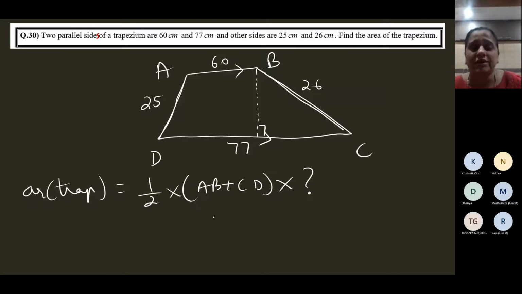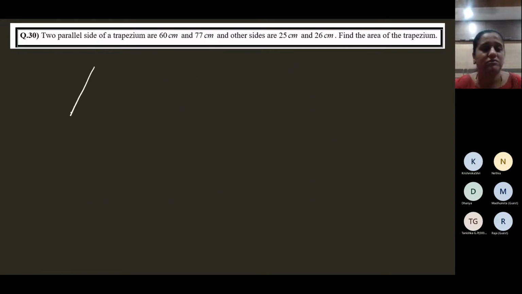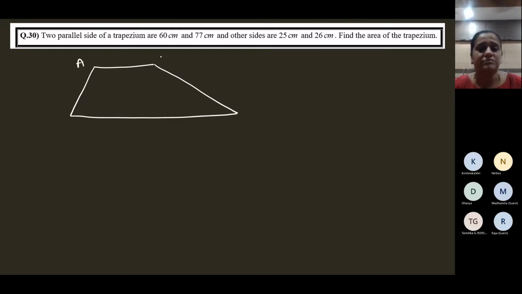Very good. All right. So for that, the construction is draw BE. Let me draw it more neatly. So 60, 77, 25, 26.